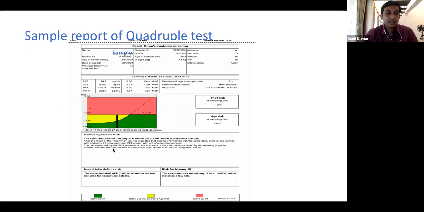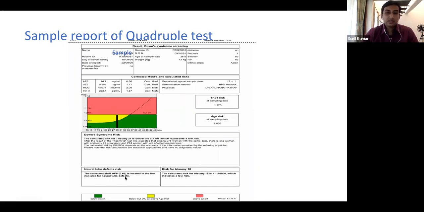The risk calculated by Prisca, which is a software name, depends on the accuracy of the information provided by the referring physician. Please note that risk calculations are statistical approaches and have no diagnostic value. This has to be taken into consideration. It also gives a risk for neural tube defect, as AFP is a marker for neural tube defect.